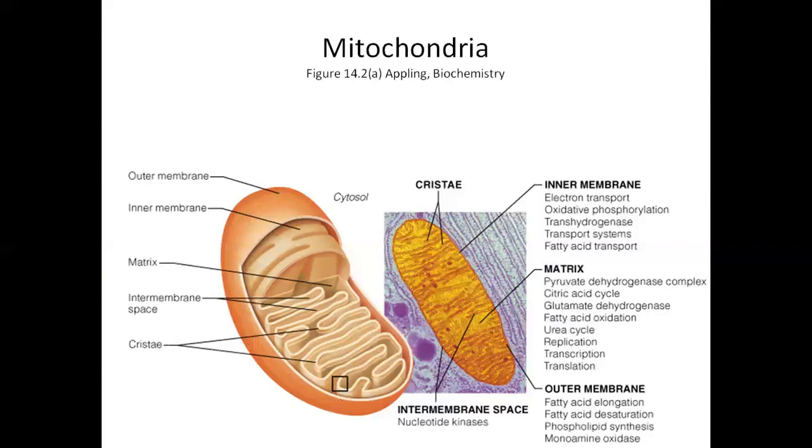We will examine mitochondrial structure when we are discussing metabolism, but for now let me point out the several compartments of the mitochondria: the outer membrane, the inner membrane, the matrix, the intermembrane space, and the cristae.